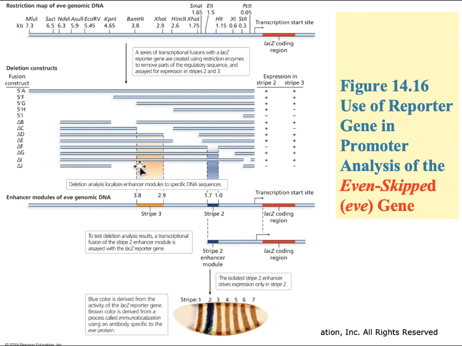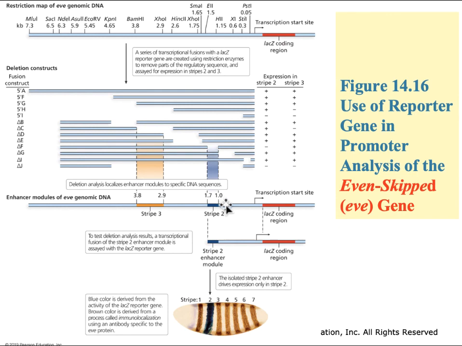These results reveal that this patch of DNA upstream of the transcriptional start site is very important, and this patch of DNA is also important. But under different circumstances, one patch is used for stripe number 3, and another patch of the promoter is used for stripe number 2.